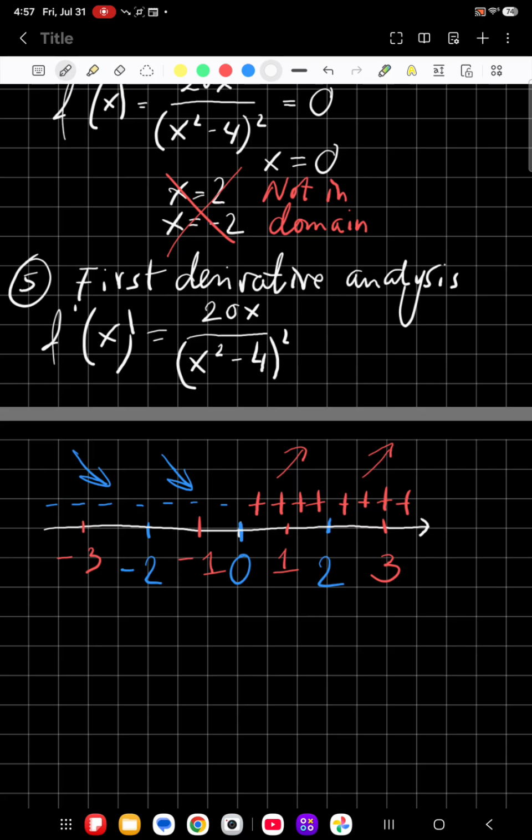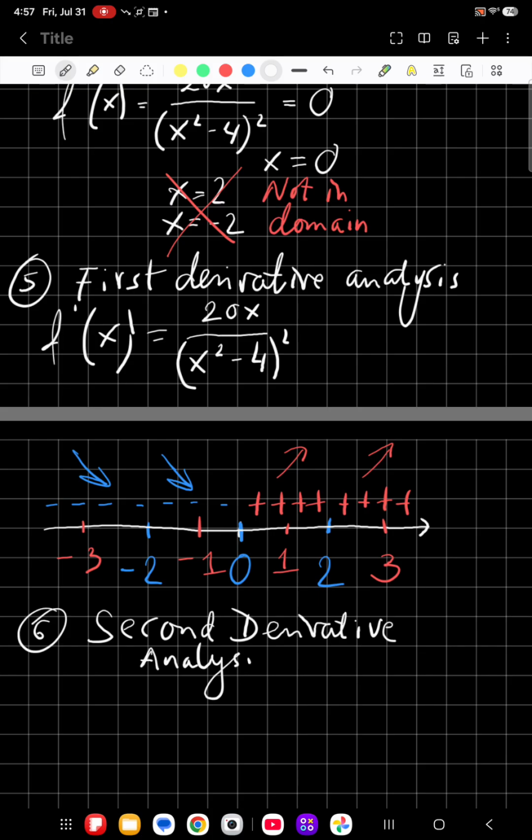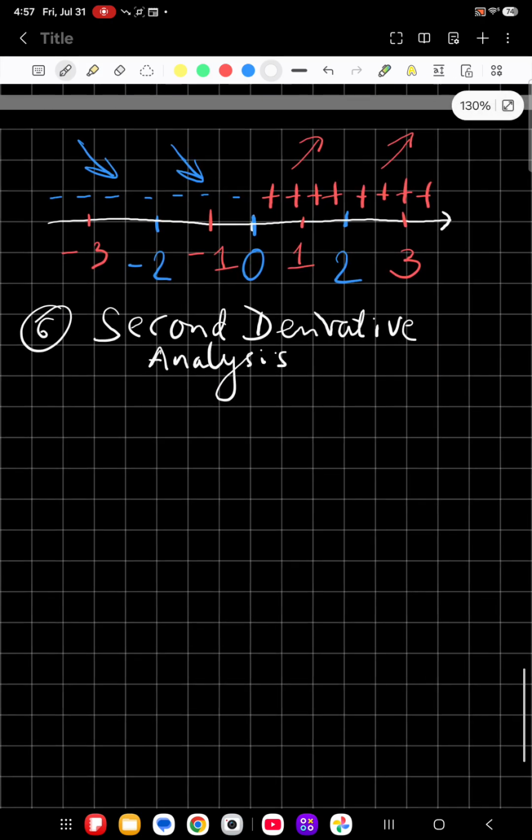Okay, so that was the first derivative, and then let's analyze that second derivative. So step number 6, second derivative analysis. And again, I'm going to write that second derivative. So I have f double prime of x, and it went something like this.